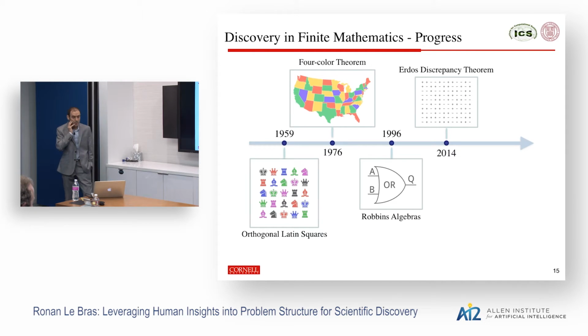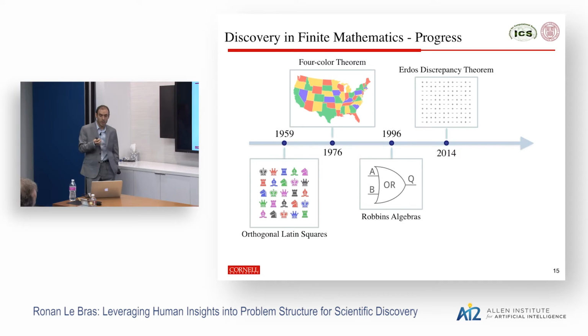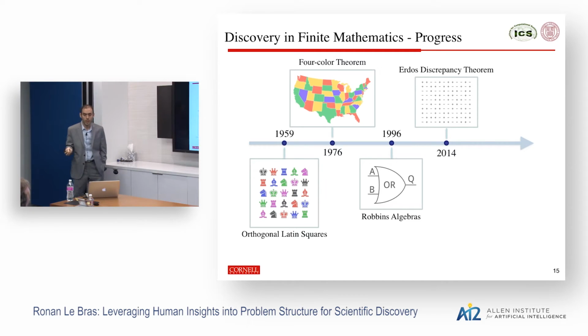All right, so first I'll start with a very brief history of discoveries in discrete math. At first, we were quite optimistic that first-order theorem proving would be able to solve many math problems. And yet, the representation language turned out to be too general and pretty much unconstrained to effectively explore the huge search space of most interesting math problems.